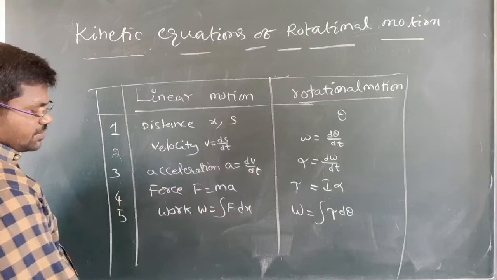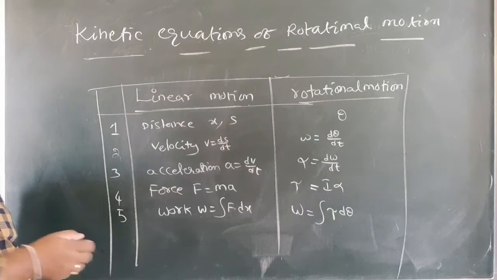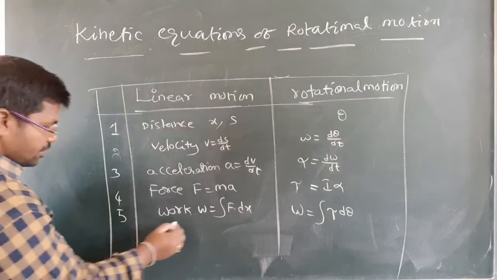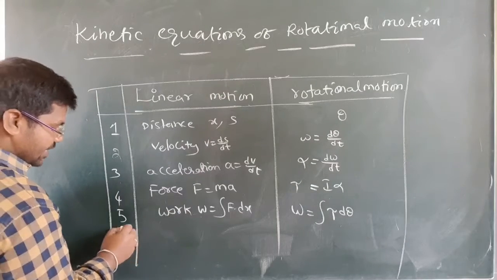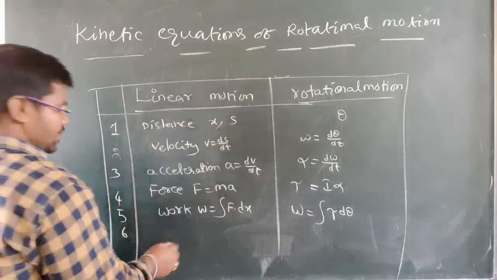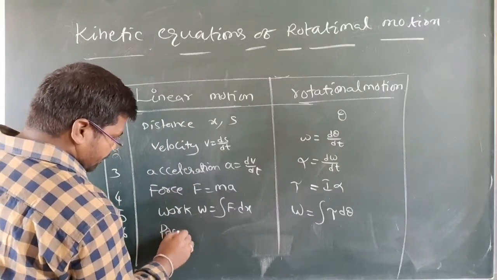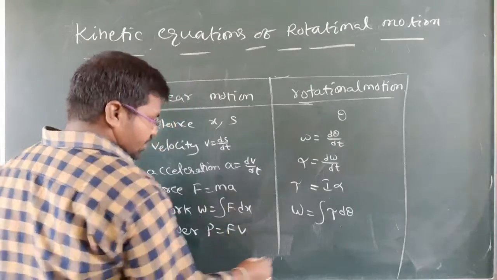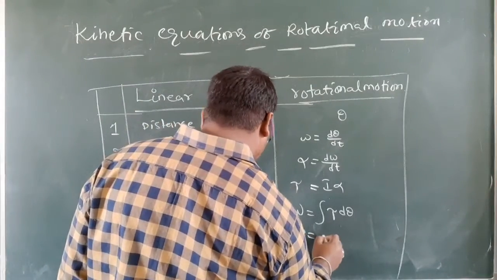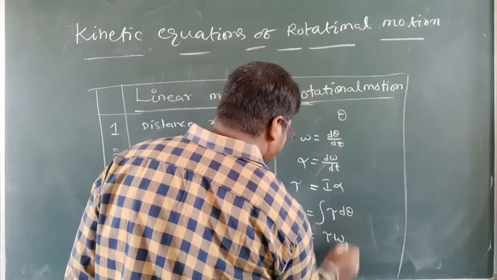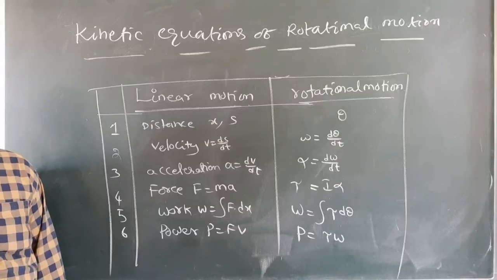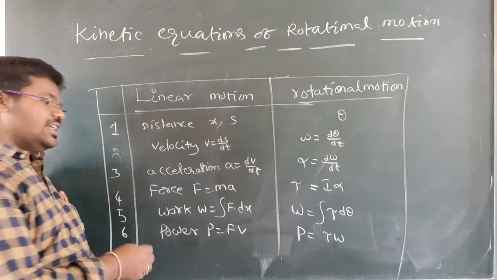So these are some changes in linear kinetic energy and rotational kinetic energy. Then power: P is equal to F into v. Here power is equal to torque into omega, my children.